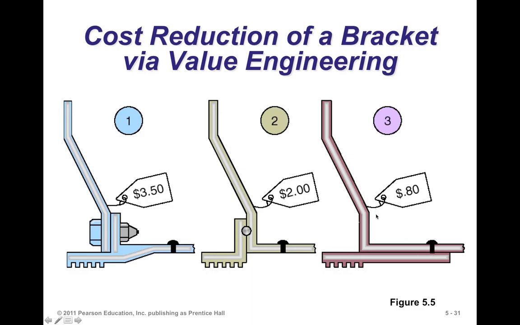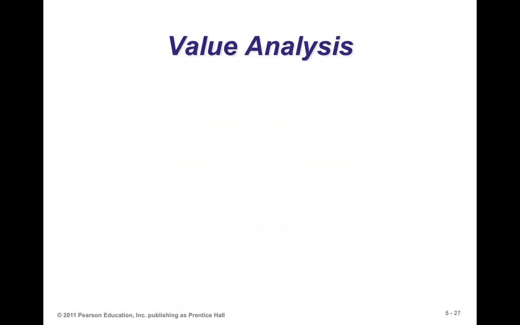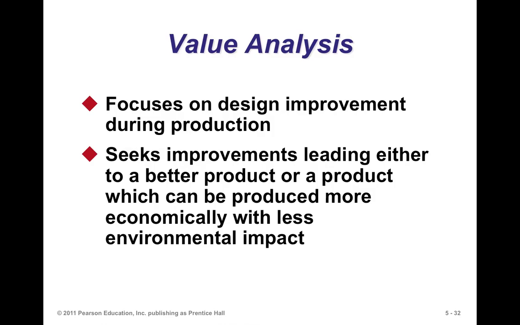So now you've reduced the production price to 80 cents. And you can see here in the first design there was this bolt right here. You have a weld and a bolt. Now all you need is just the bolt alone. So in a case like that, by giving some consideration to the value of the item and what it means to the customer, you might be able to actually redesign things a lot cheaper.